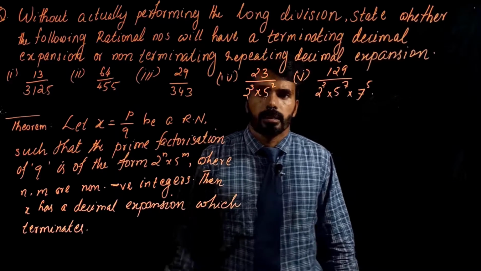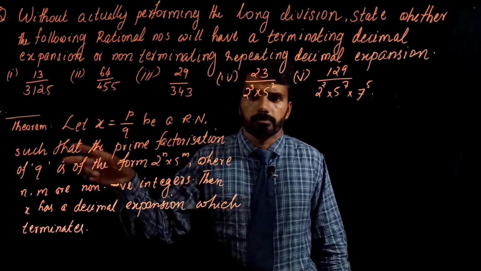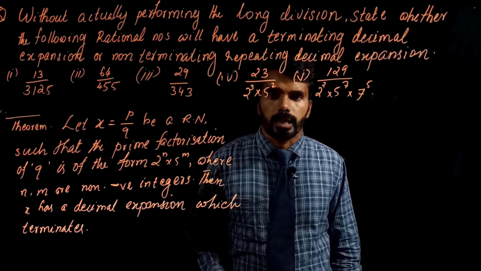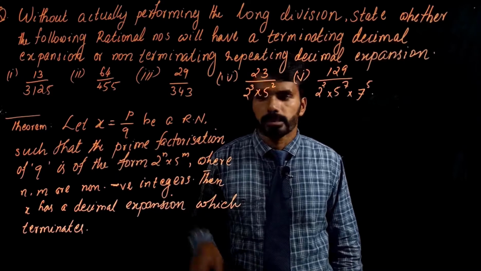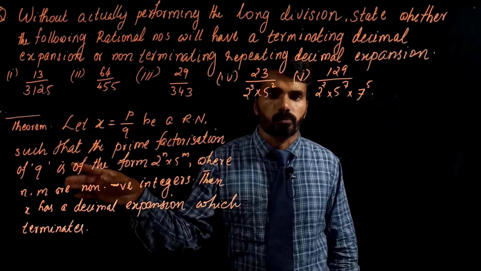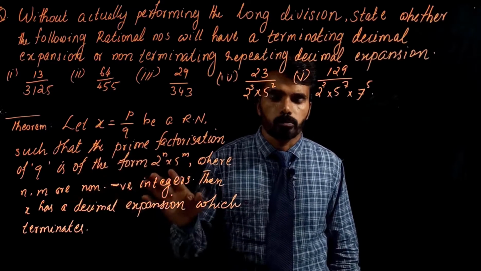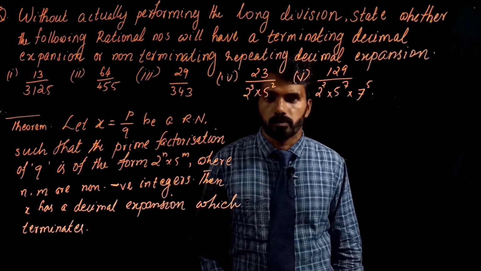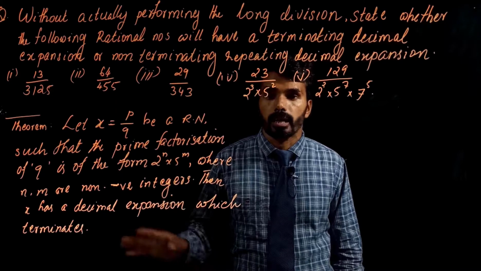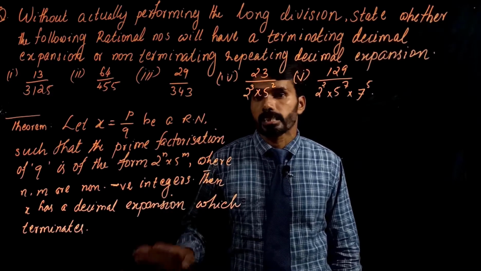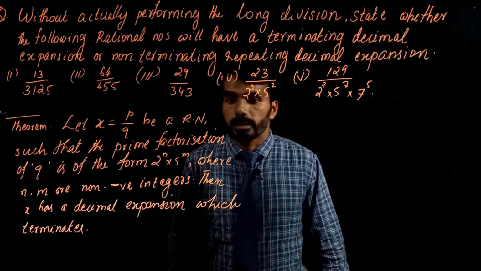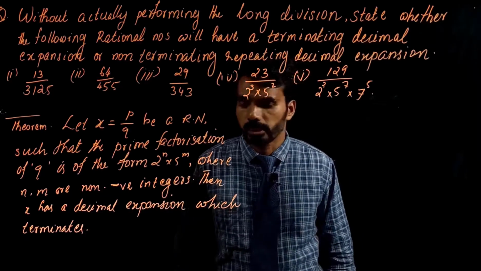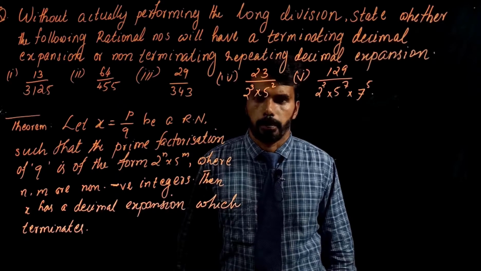That is, let x equal p by q be a rational number such that the prime factorization of q is of the form 2 raised to n into 5 raised to m, where n, m are non-negative integers. Then x has a decimal expansion which terminates.